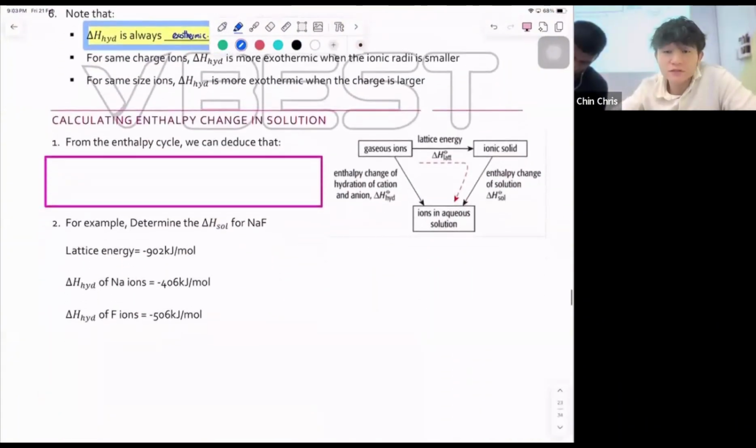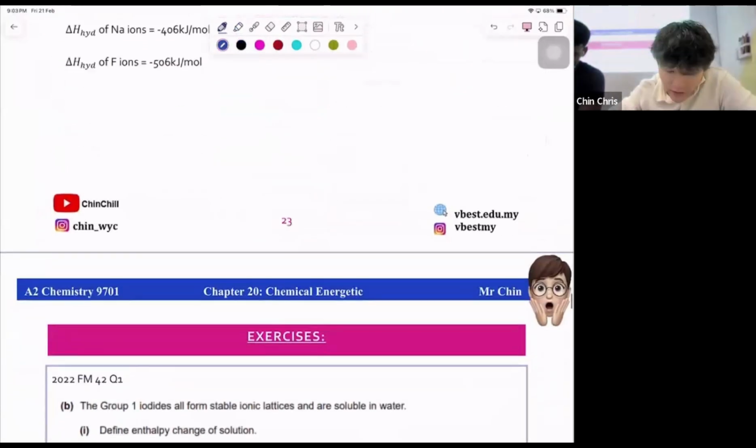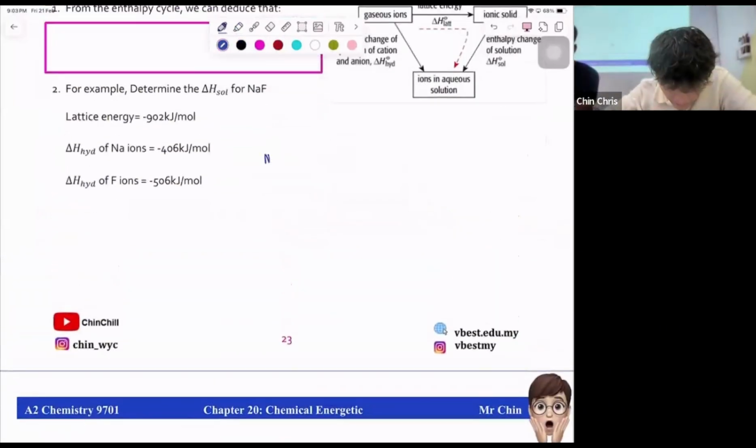Alright, guys, here's an example. I want you to label it for me. Let's say I have Na+ plus Cl-, and it turns into NaCl solid.